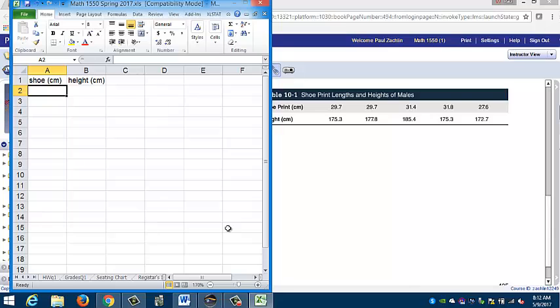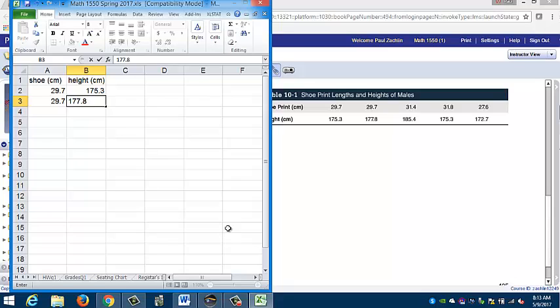Now I'll just go through. Somebody that has a 29.7 centimeter shoe, we're looking at 175.3 centimeters. Then there's another person with a 29.7 centimeter shoe, and the height is 177.8.